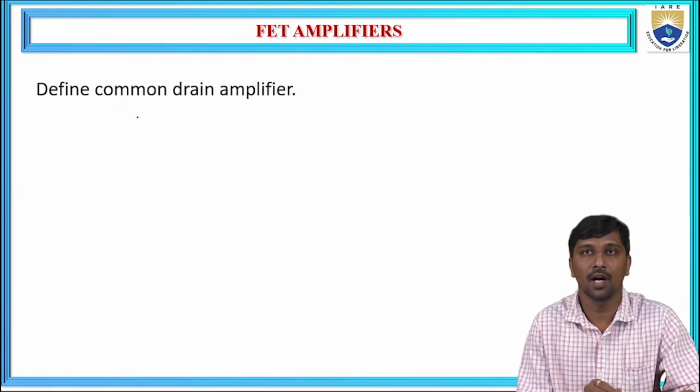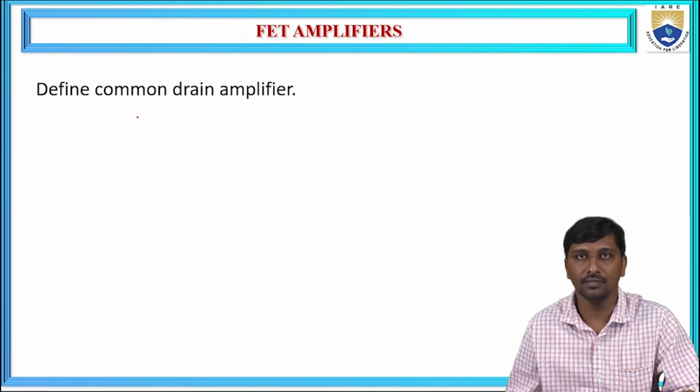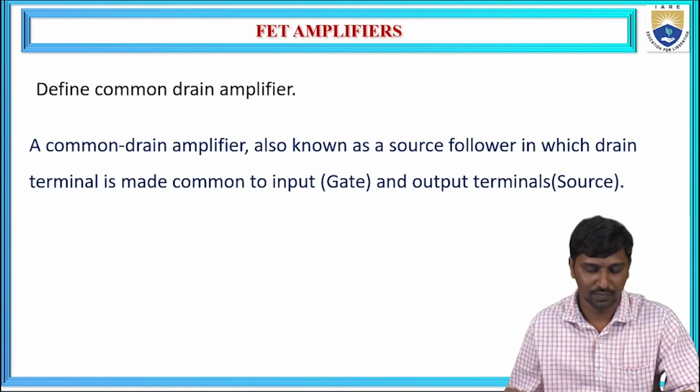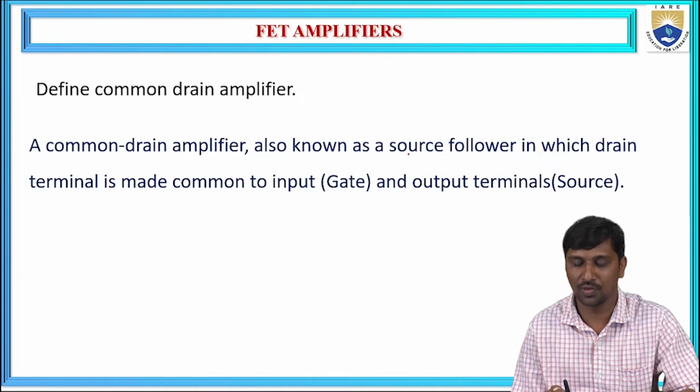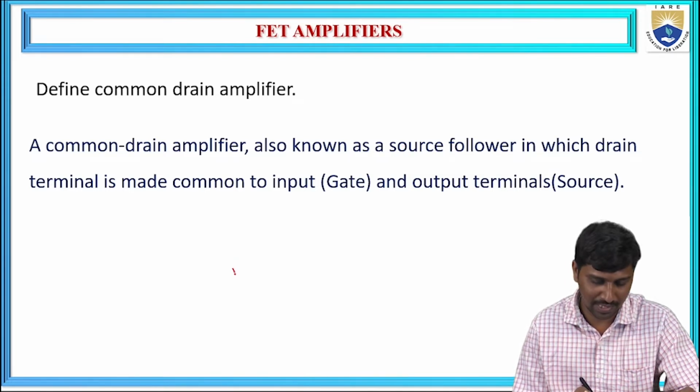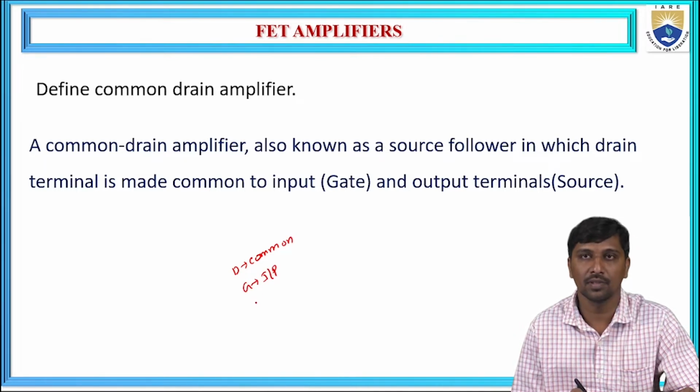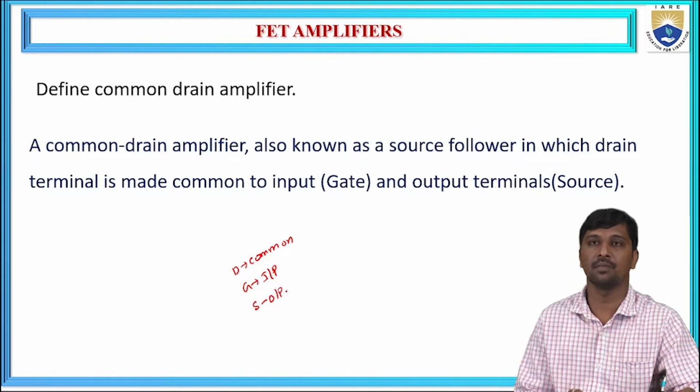Now define common drain amplifier. A common drain amplifier is also called a source follower. Why? Because the drain terminal is taken as common, the gate acts as the input and the source acts as the output terminal.